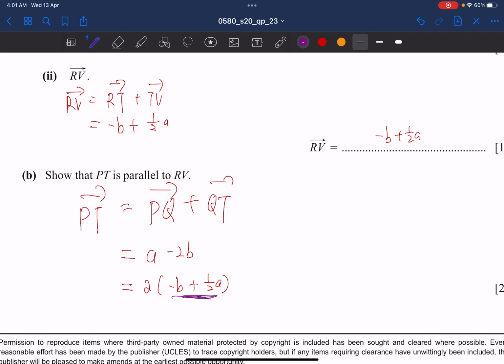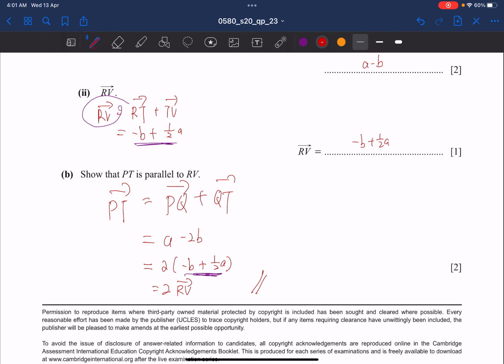Because this is RV, so this is 2 times RV. As long as we can prove that this equals a constant times RV, then we can say that PT is parallel to RV. So we are done.